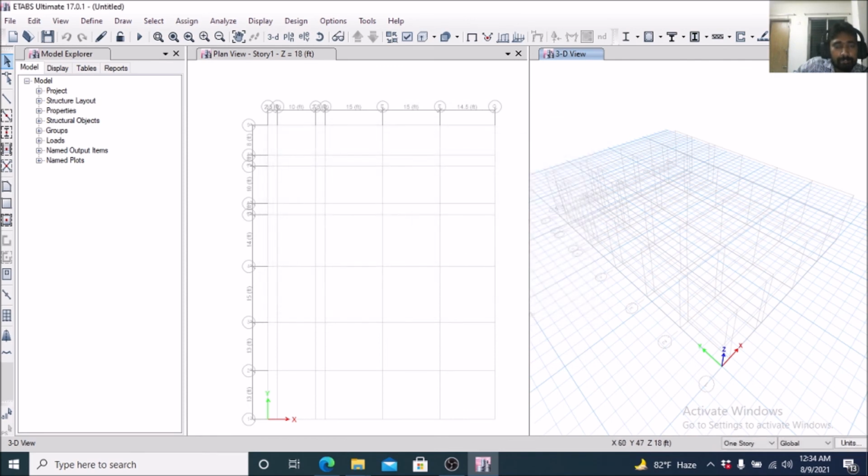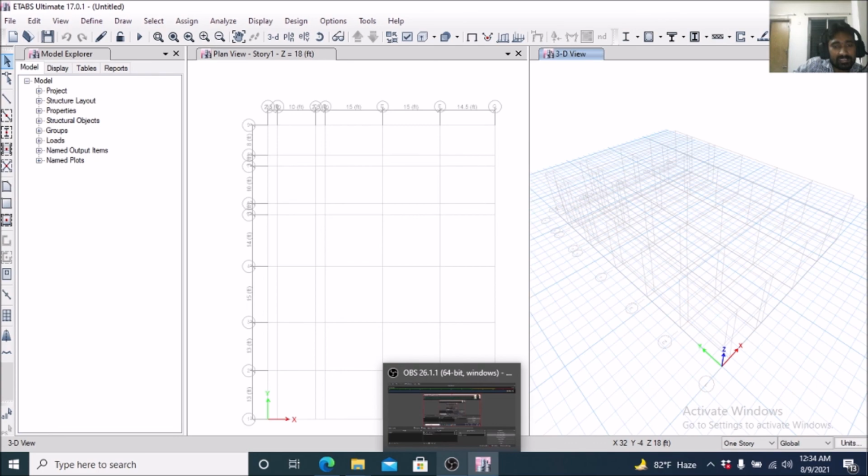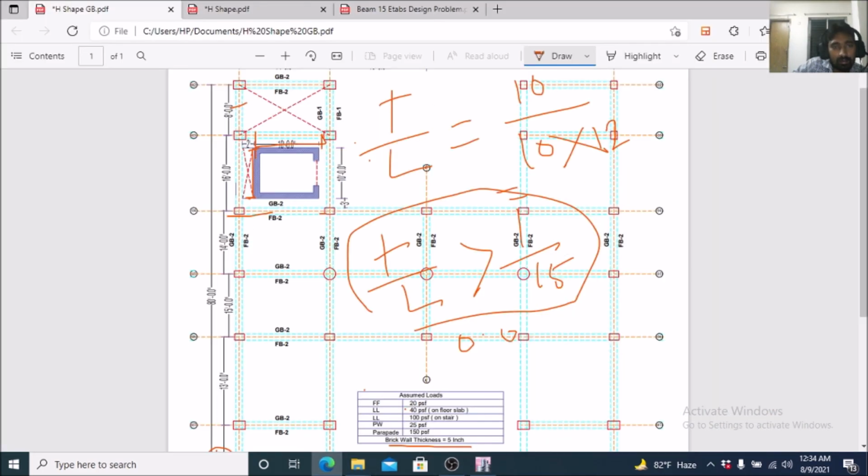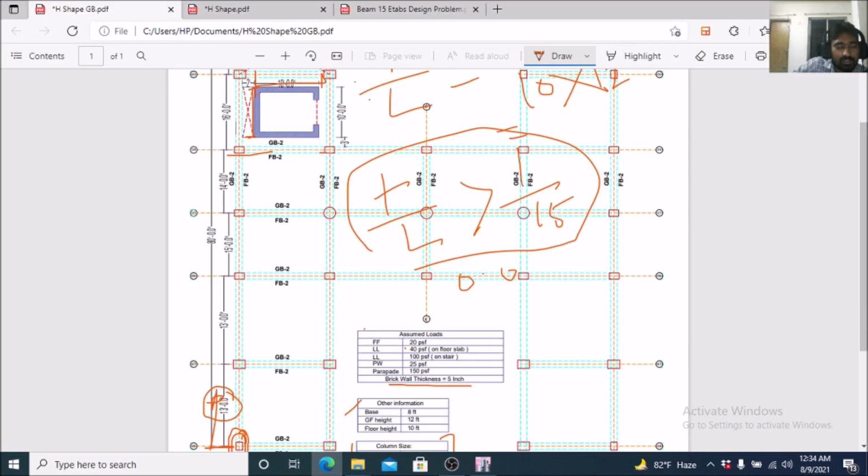So this is up to this lecture, because all the information has already been defined for column section, floor beam layout, grade beam layout, slab section properties, that is slab, waffle slab, and shear wall.